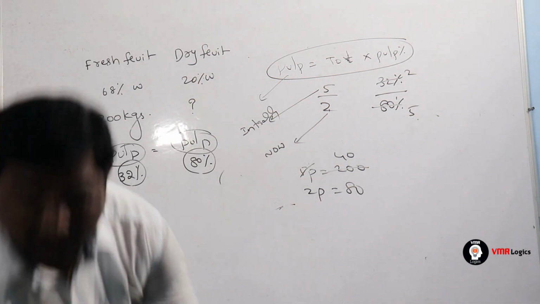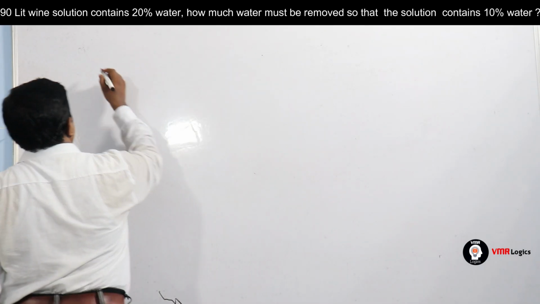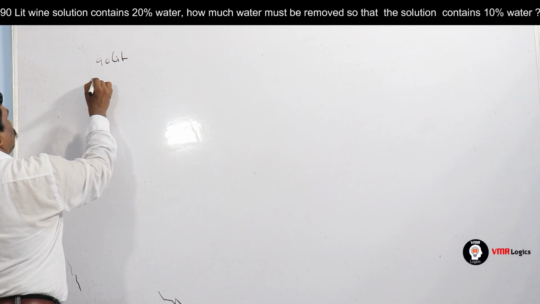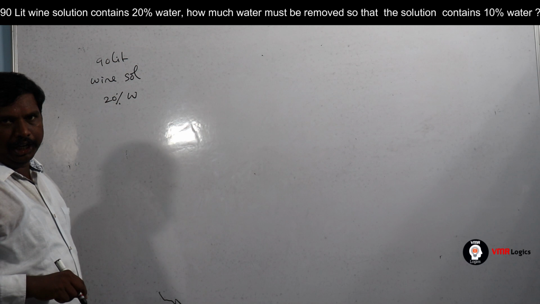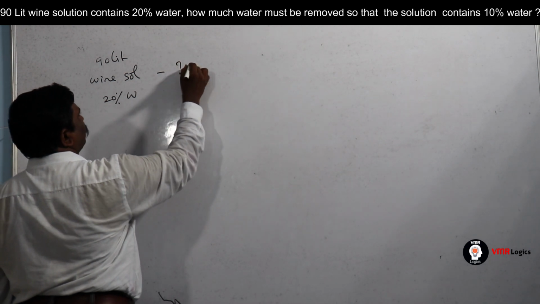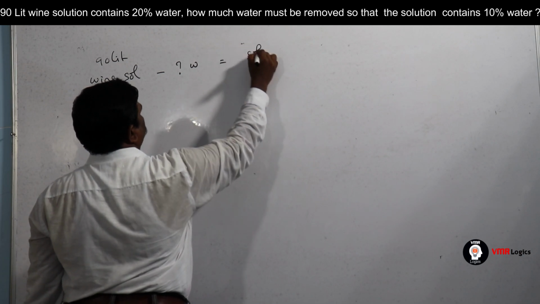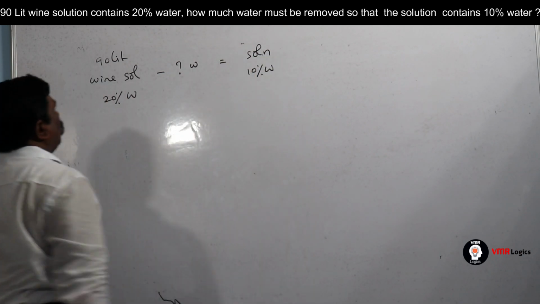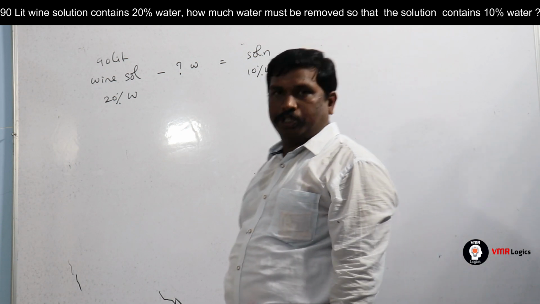Okay. Now let's see guys, one more question with the same example. Now the third question I have for you. 90 liters of wine solution contains 20% water.